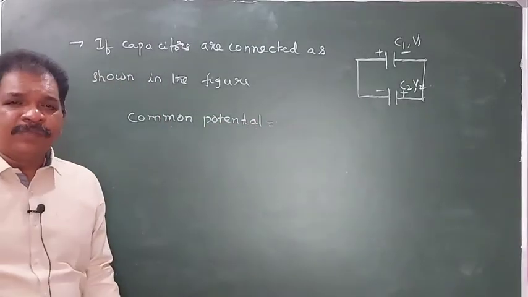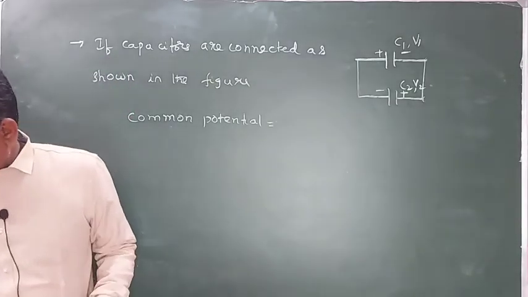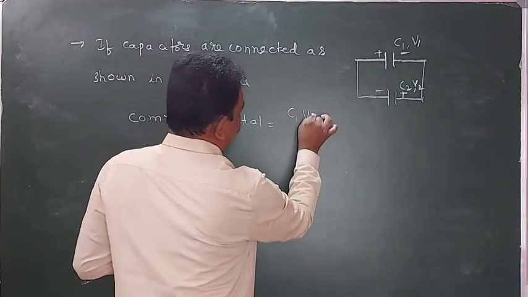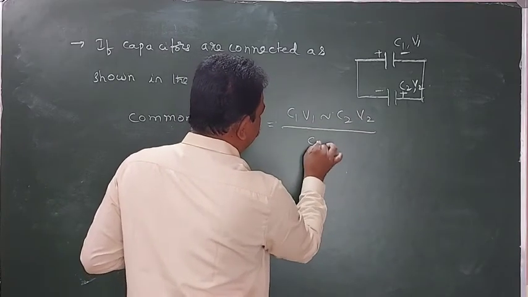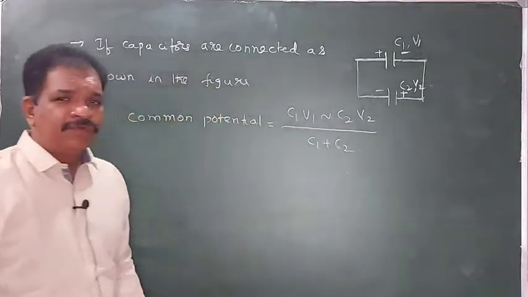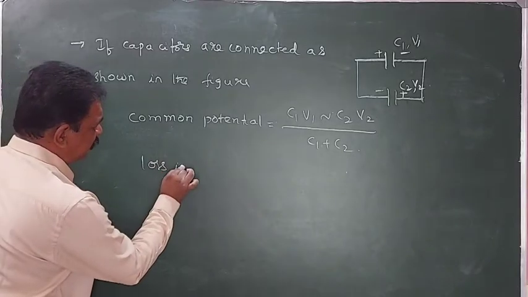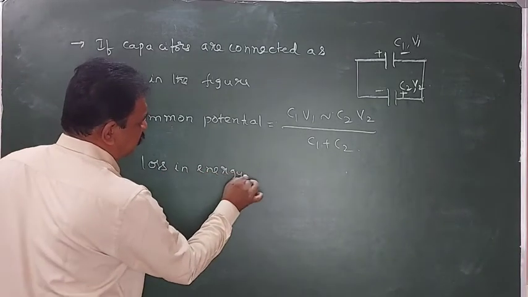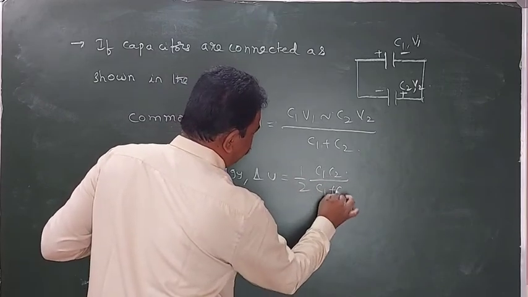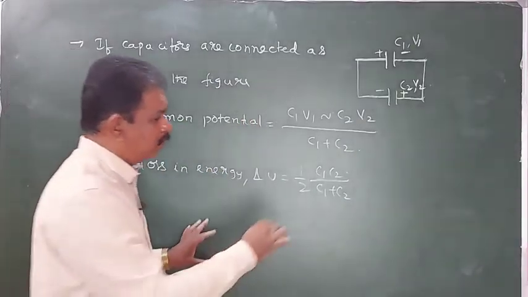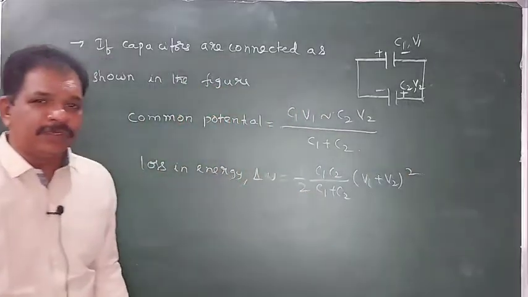In the previous case we did C1 V1 plus C2 V2. Here this value will be C1 V1 minus C2 V2, or you take the difference, by C1 plus C2. From more you have to subtract the less. They will ask loss in energy also. Loss in energy delta U is equal to 1 by 2 C1 C2 by C1 plus C2 into V1 plus V2 whole square.